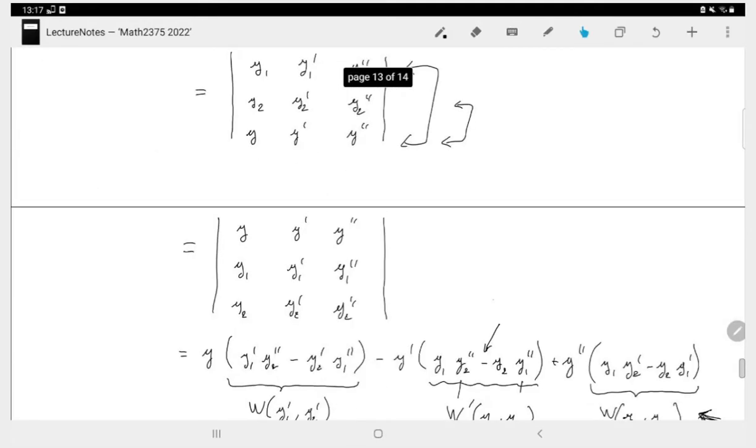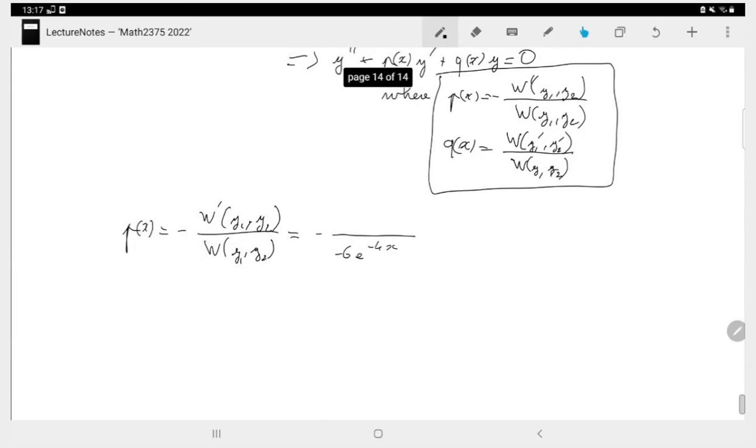Yes, that's correct. So that is my Wronskian. I'm taking the derivative of this and putting it into the numerator, and that's 24e to the minus 4x. And so, not forgetting this minus sign here, my p of x is just equal to 4. It's a very simple value.